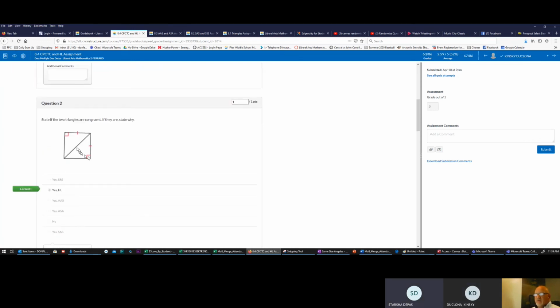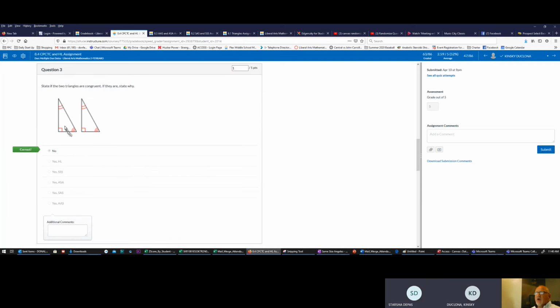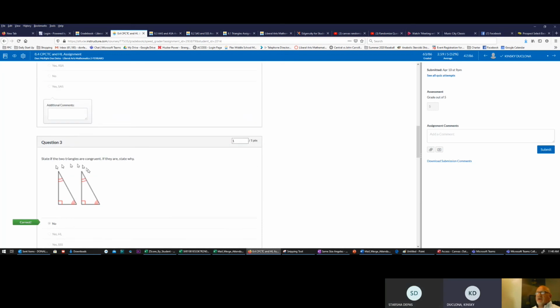Here, look, we've got a hypotenuse and right angles. We've got a hypotenuse, which is the same side, and a leg that shows that it is congruent. Hypotenuse leg. Why are these not congruent? Because if you make it bigger, then the sides are going to be different.